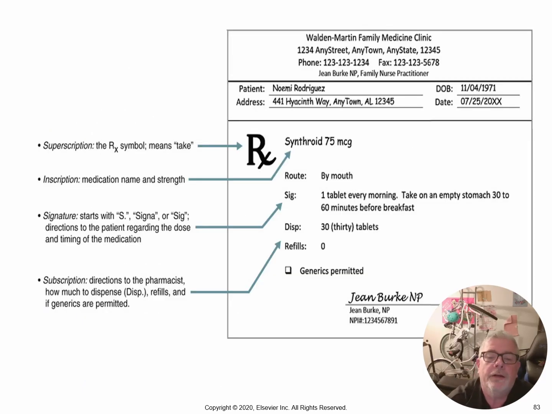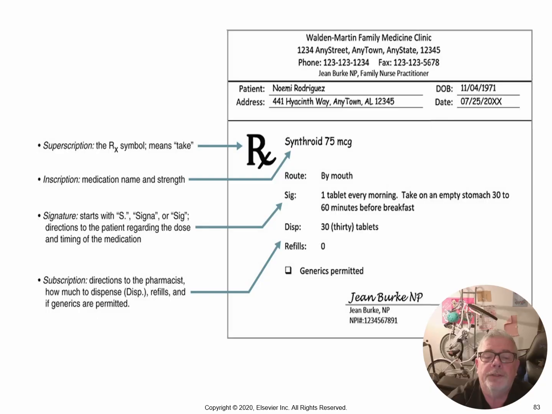So here you've got a typical old-fashioned prescription, but the components, whether on a handwritten pad or in an electronic health record, still pretty much stay consistent. You want to have the prescribing agency and the prescriber's name on top with the address, contact number, and identification numbers.